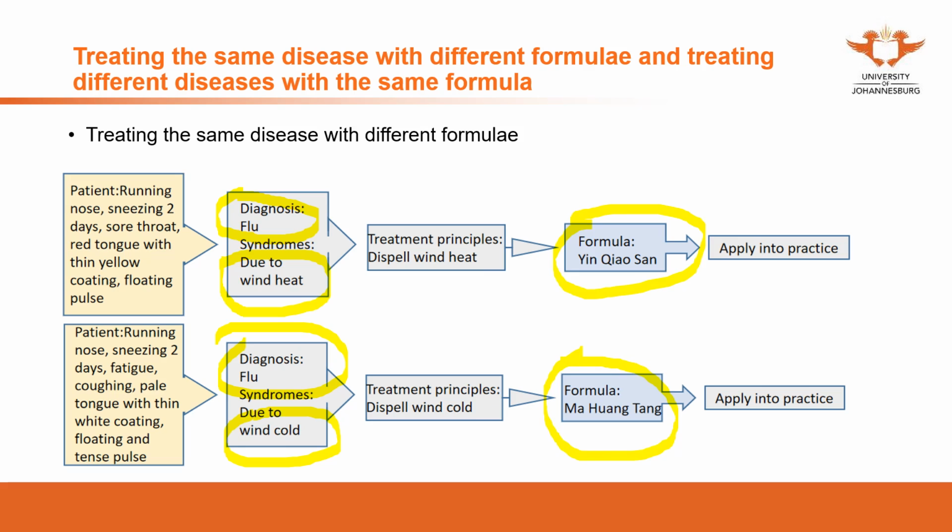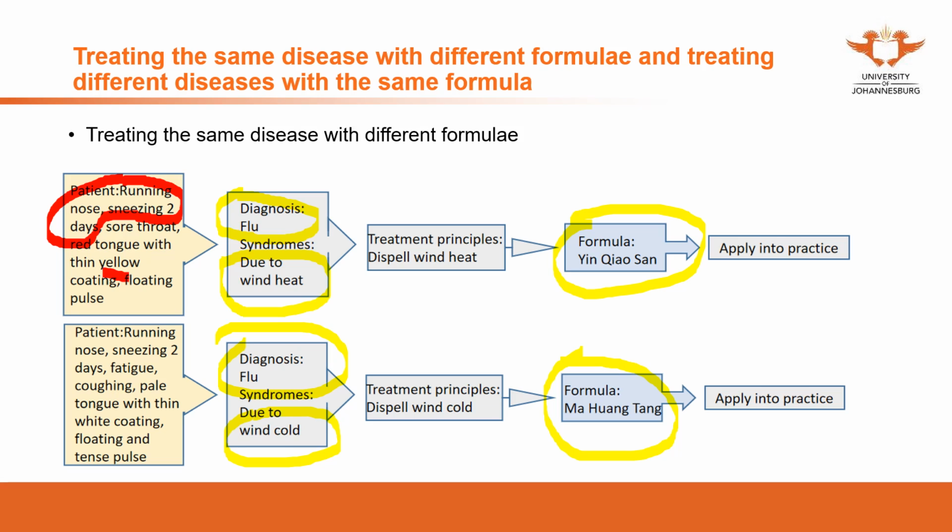And then, how do we know the syndrome? The patient presents with the same symptoms of runny nose and sneezing. However, they got different signs: thin yellow coating and thin white coating, as well as the sore throat and fatigue.